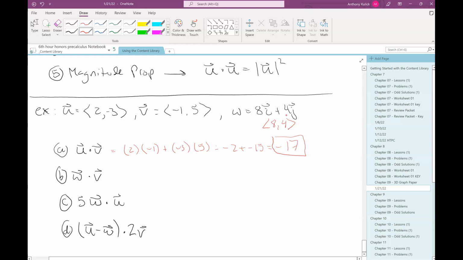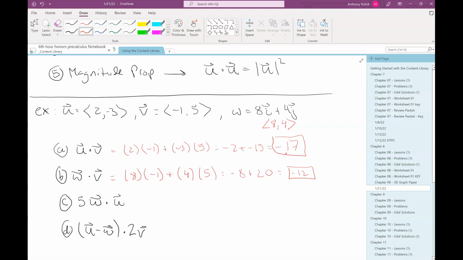So that's easy enough to do. Okay, so I'm going to have w1 times v1 plus w2 times v2. Gives me -12.